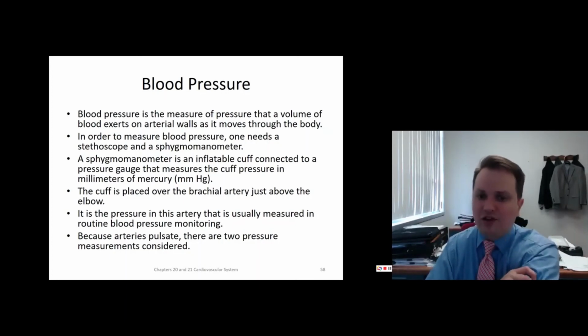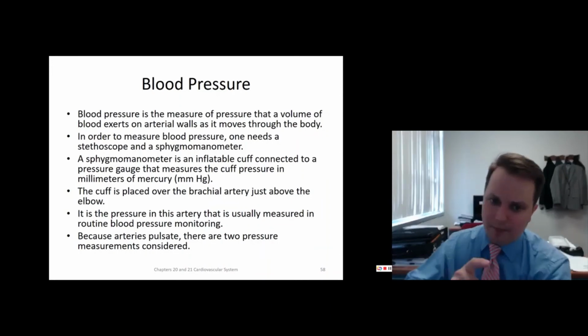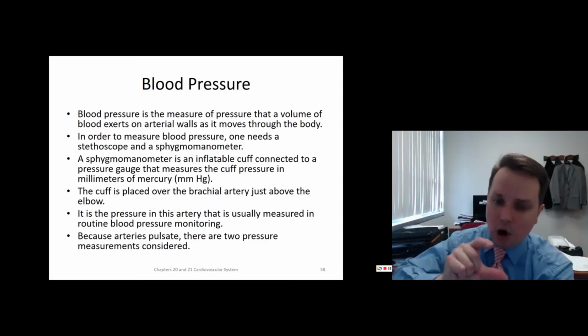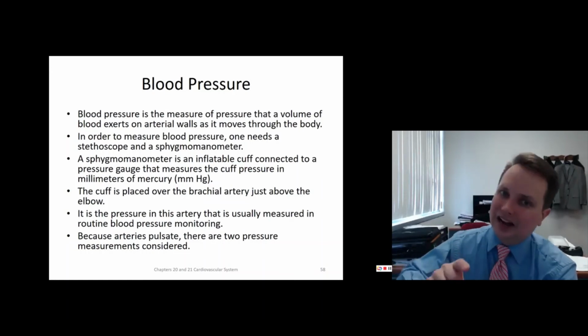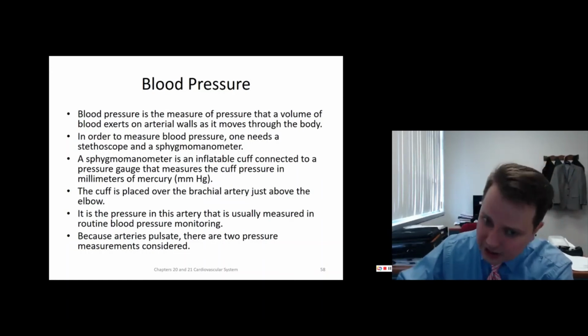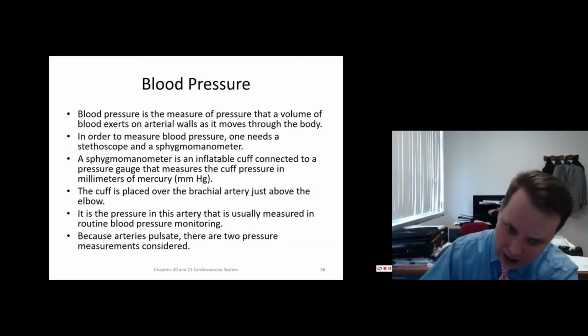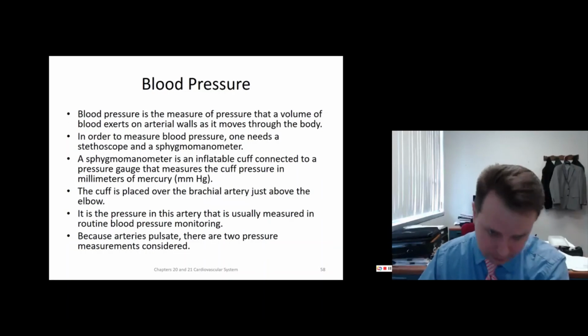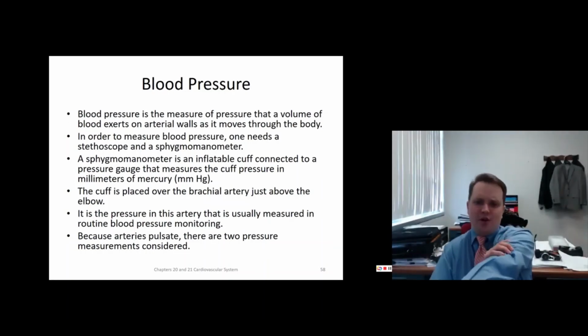It measures in millimeters of mercury. We're measuring how many millimeters we move a column of mercury, liquid metal, which at least is the unit. We don't really move a column of liquid mercury anymore. We use alcohol or a dial.